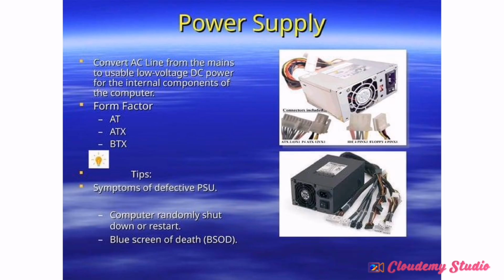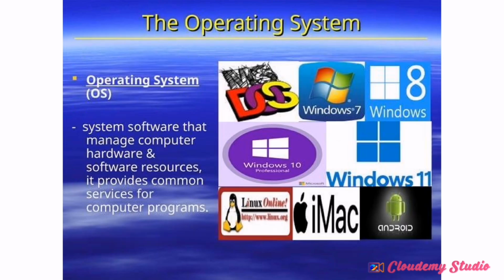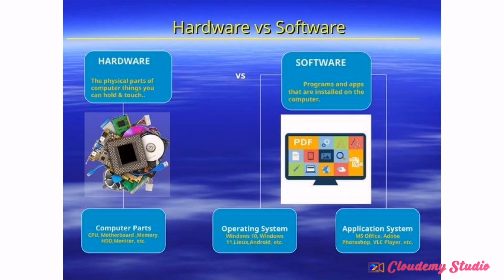Then we'll talk about the power supply, then the operating system. Like I've said, there's Windows XP, Windows 7, Windows 8, Windows 10, Windows 11. These are the things we are going to discuss in the next lesson.